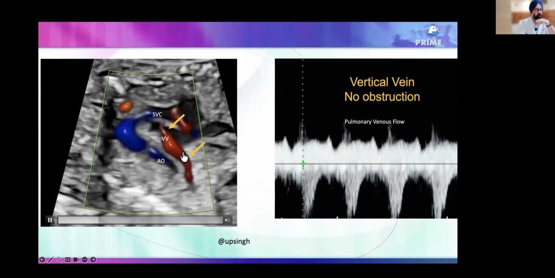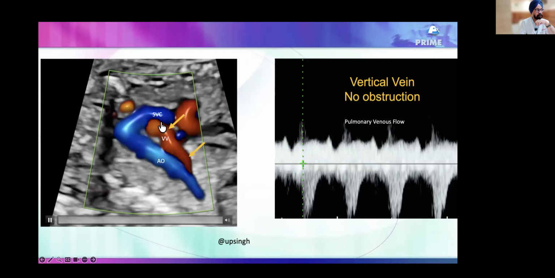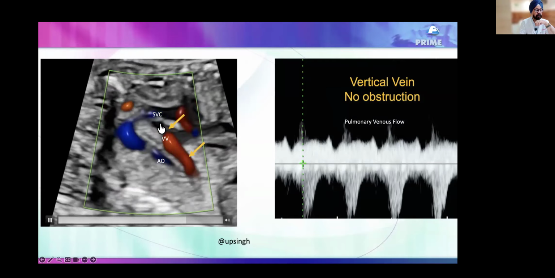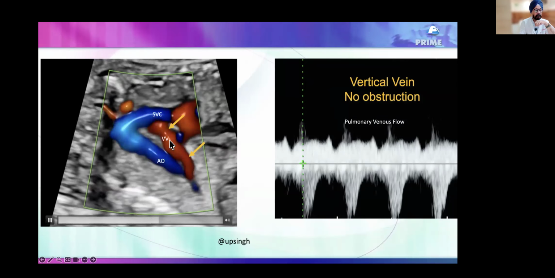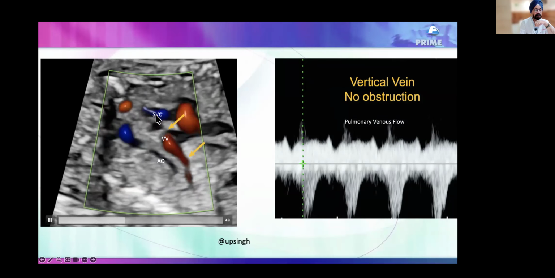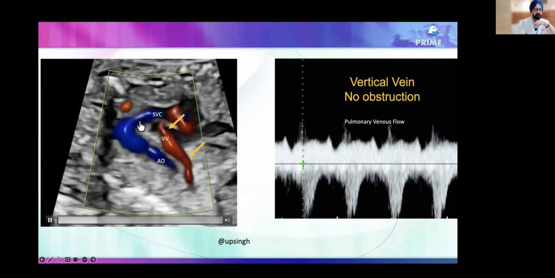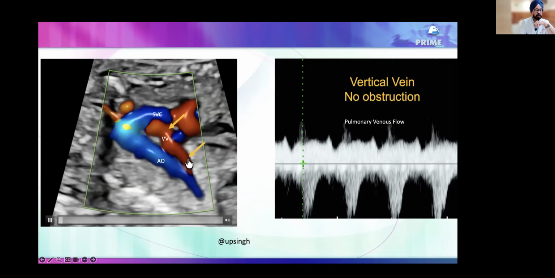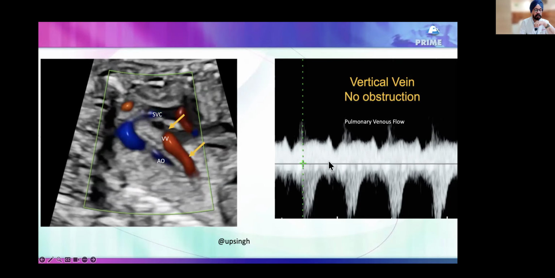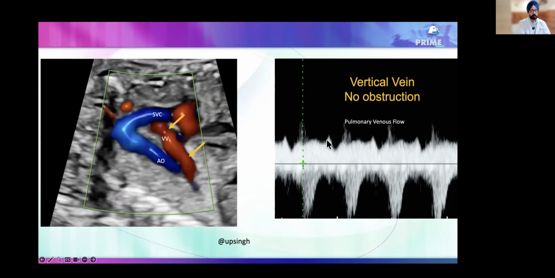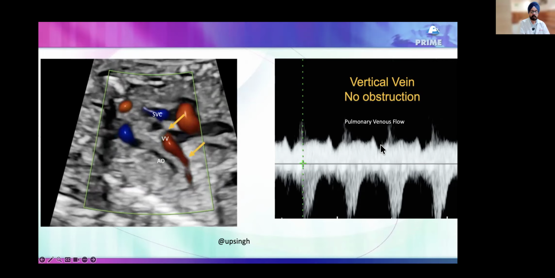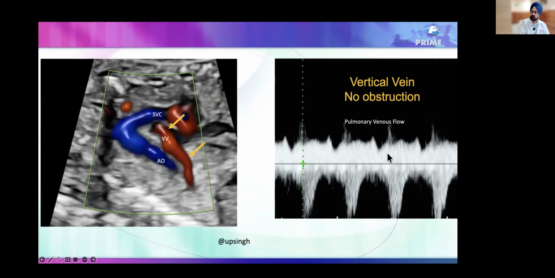Again, no vein is supposed to go away from the heart. This vein going away from the heart would open eventually into the brachiocephalic and then SVC, right? So this is a vertical vein, and you can confirm that it is a vertical vein without obstruction, so that you would be able to get the normal venous flow.